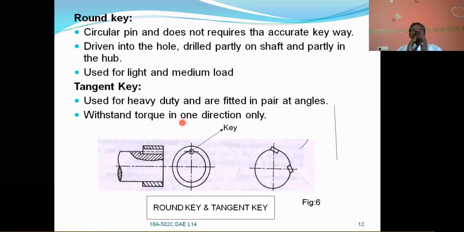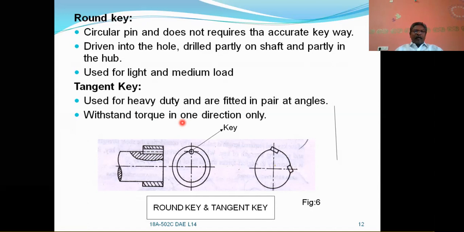So far in sunk keys, we have discussed the square sunk key, rectangular sunk key, jib-headed sunk key, and then the feather key. In feather keys, we have the feather key with set screw, peg feather key, single-headed feather key, and double-headed feather key.